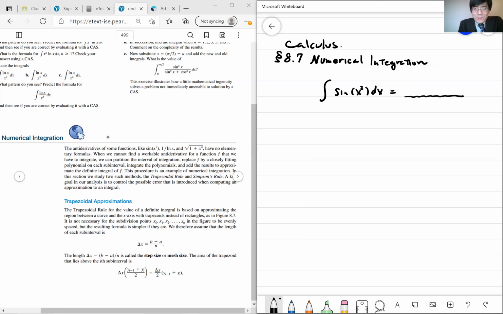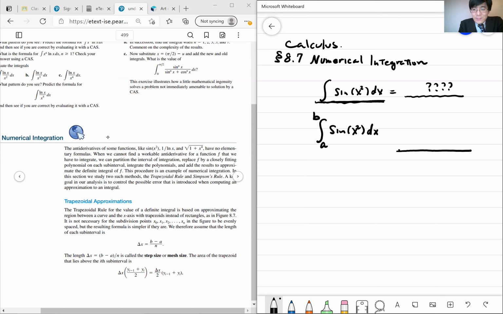So how should we deal with this kind of problem? For the indefinite integral, we cannot really do anything, so that's done. But for a definite integral, where you are going to find the area under the curve, there is some way to approximate the values.